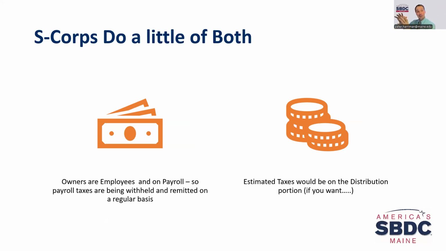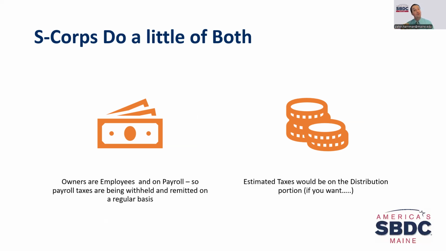So you're going to have that system, the payroll system to deal with. And your estimated taxes as an S Corp is on that distribution. That's whatever's above and beyond, whatever you get on what's called a K1 form. That's what you're paying estimated taxes on as an S Corp. So as an S Corp, you're going to be doing both, withholding as an employee and making estimated taxes on the distribution amount, the above and beyond.